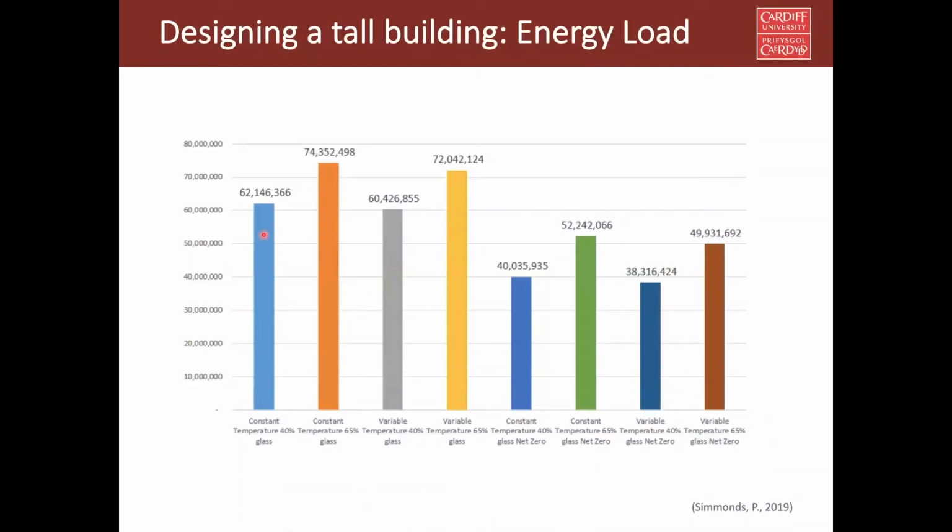If we take the delta T as a constant, not regarding the height of the building, you can see the figure here is 62. And if we take the variable delta T, the figure is 60, and there are lots of other numbers after that. So there is a huge implication for energy use.